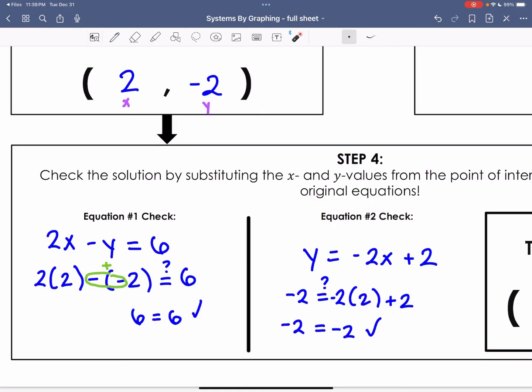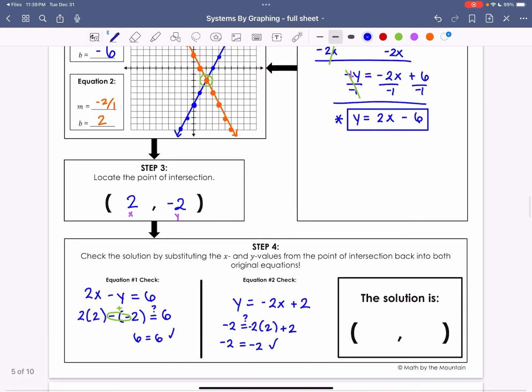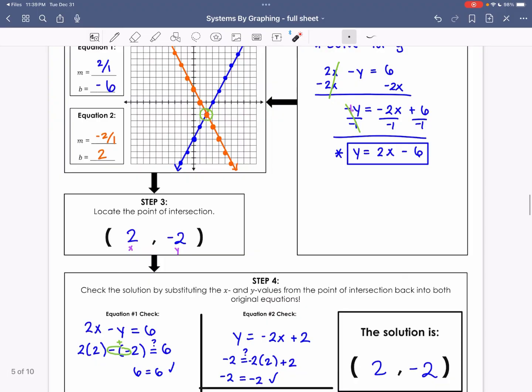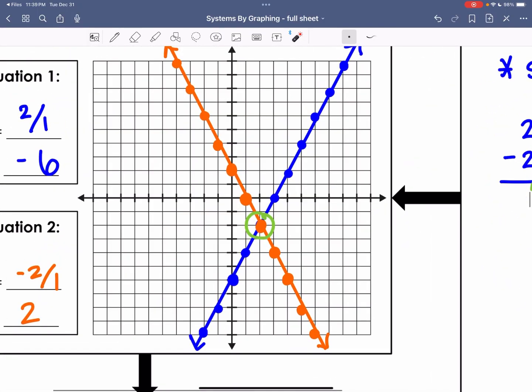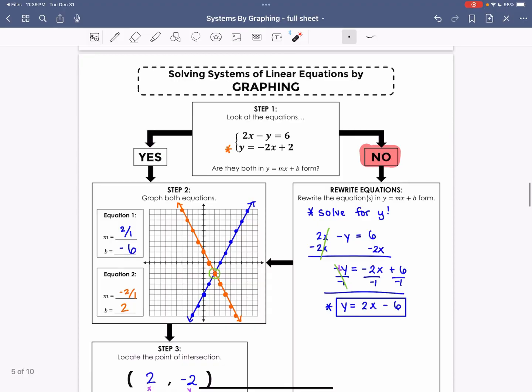Over here, 6 does in fact equal 6, another true statement. And our ordered pair, our coordinate point, makes both equations in our system true, which means that is the solution. So with confidence, we know that 2, -2, again, which corresponds to this point of our intersection, is the correct final answer. All right, so that was 3 examples of solving systems of equations by graphing.